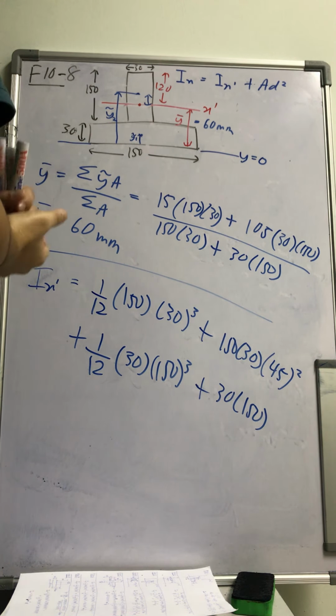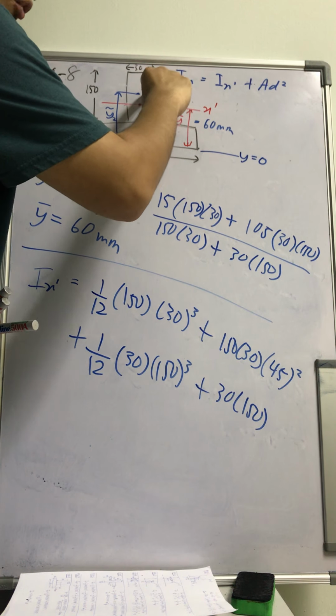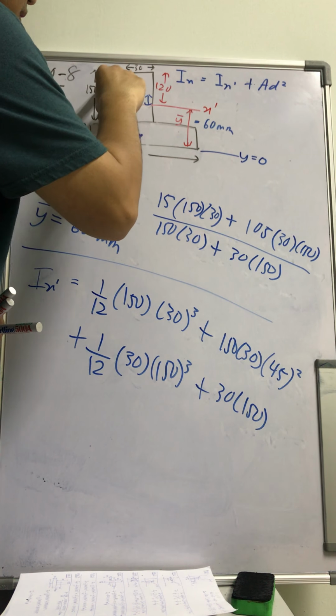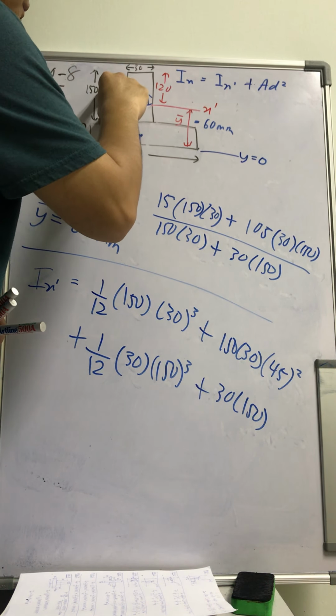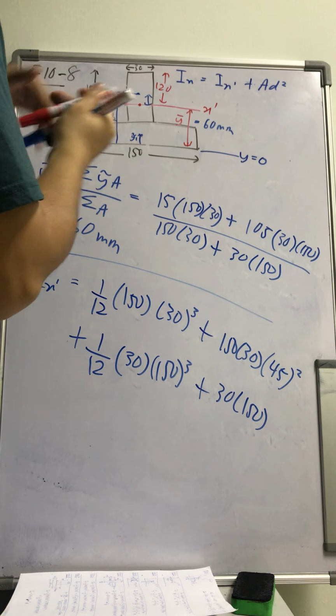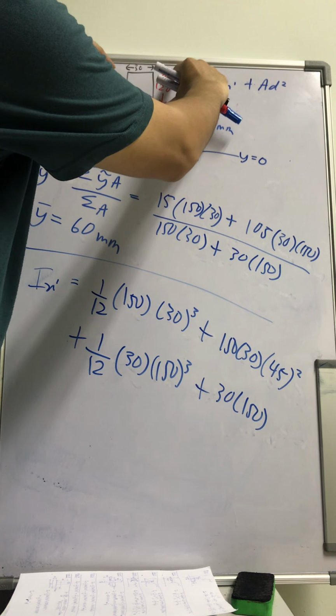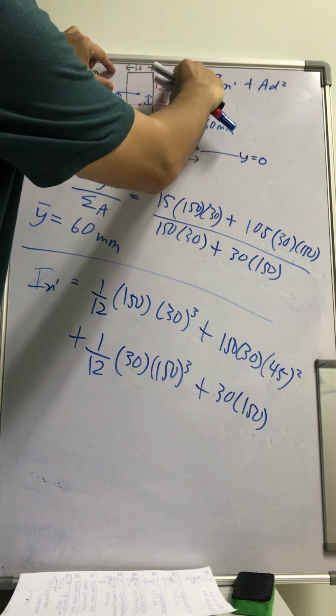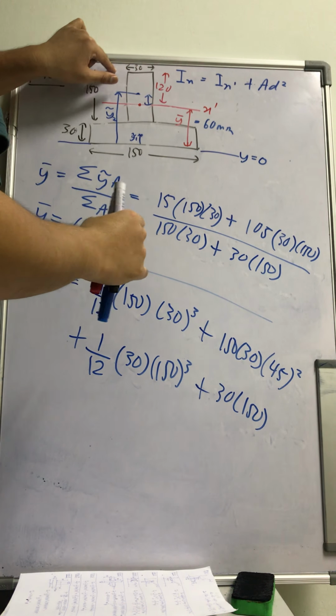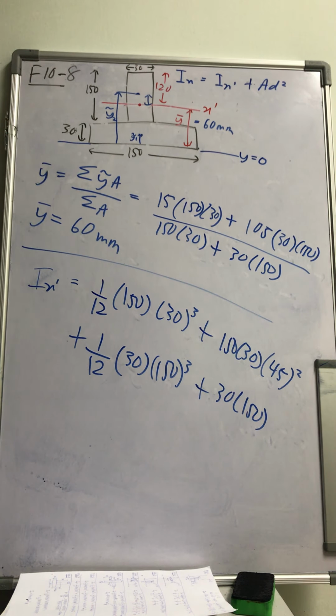So what is this distance? The centroid of the blue one is at 75, half of 150. So 120 minus 75 is 45.